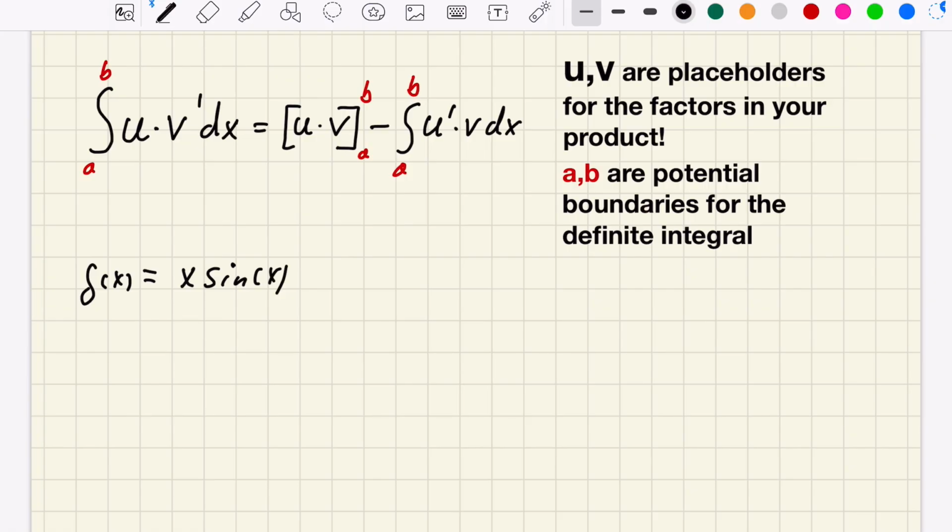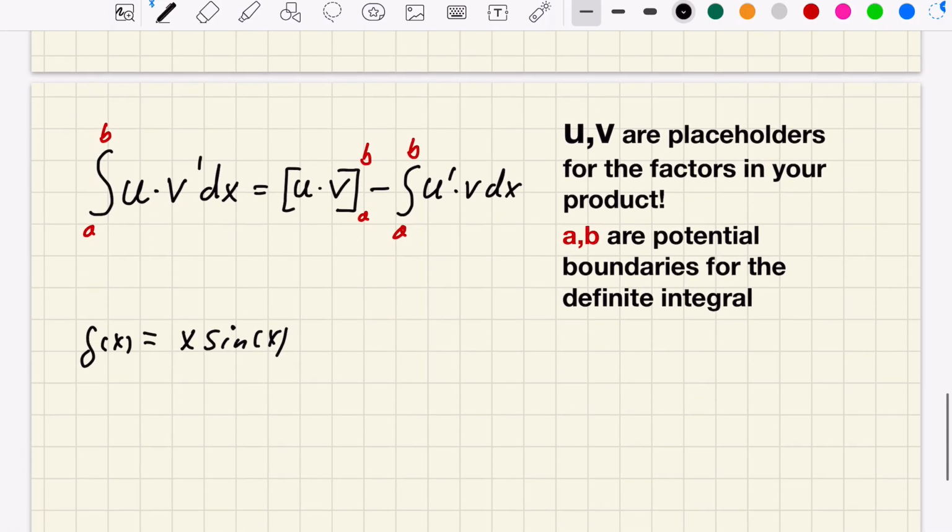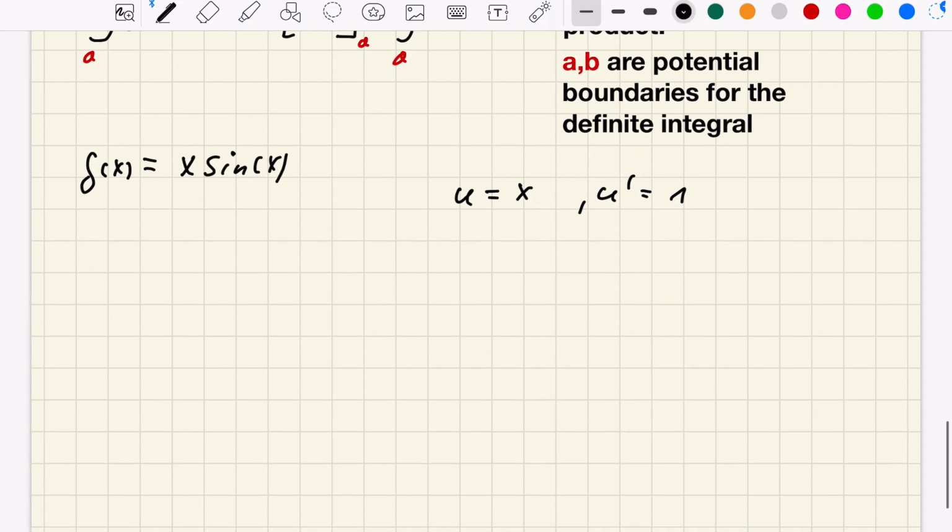So you say, okay, u is x, u dash is 1, and the other factor, v dash, is sine x, and v is minus cosine of x.